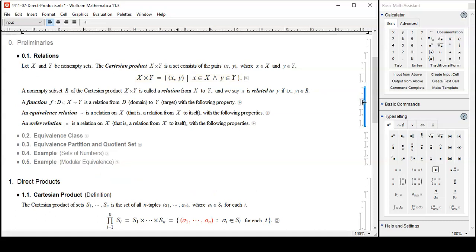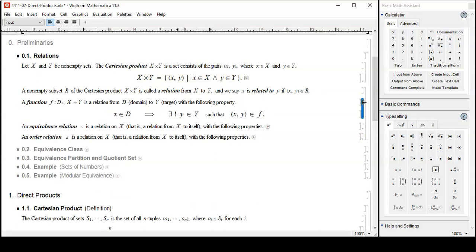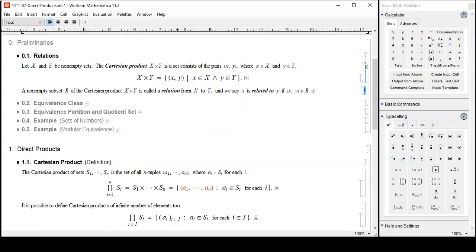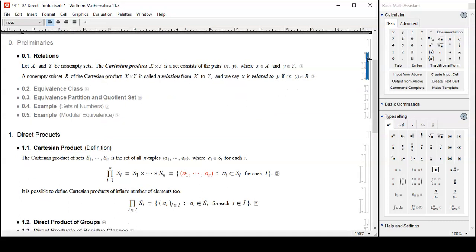And then we define a function as a special relation with this property: given an element in the domain, there exists one and only one element in the target that can be paired with the element in the domain. With this property, you can define a function. Okay. Cartesian product of 2 sets, relation, function, all done.